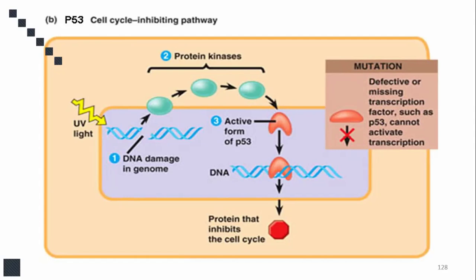Eventually, an active form of p53 can be developed, which will go and suppress. It's supposed to suppress. And this suppression is what actually leads to apoptosis. So here, you can see a protein that inhibits the cell cycle is actually produced.